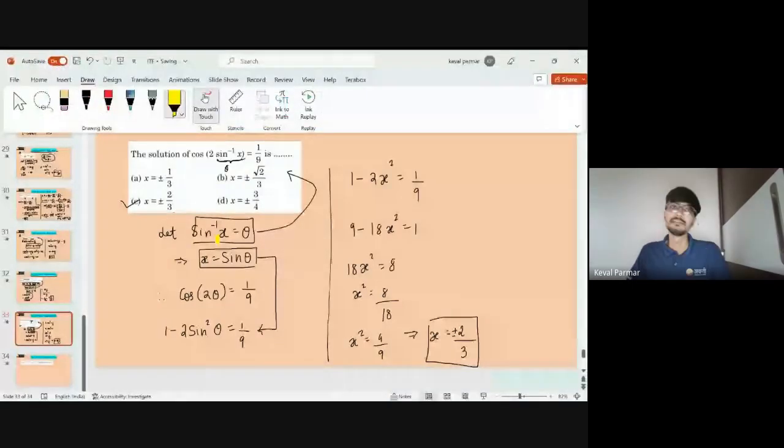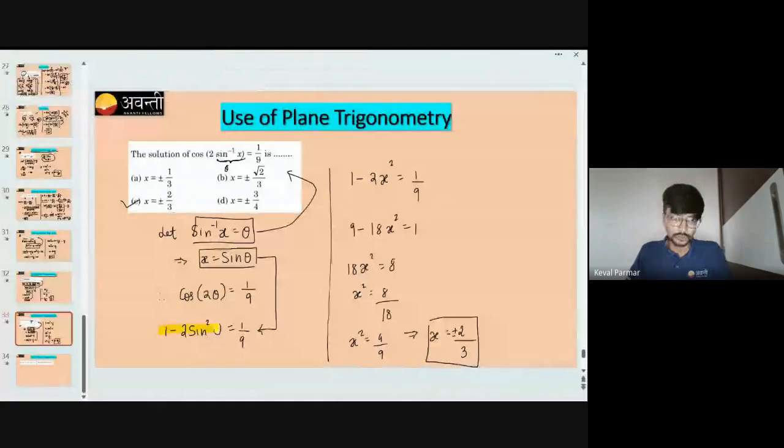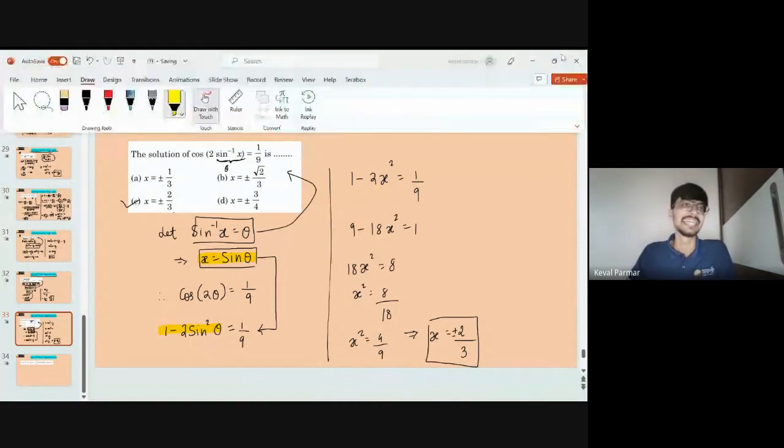So I will get 1 minus 2 sine square theta equals 1 upon 9. And sine square theta value you already know. Sine square theta value is x square. So I just substituted the value there. So I get 1 minus 2x square equals 1 by 9.